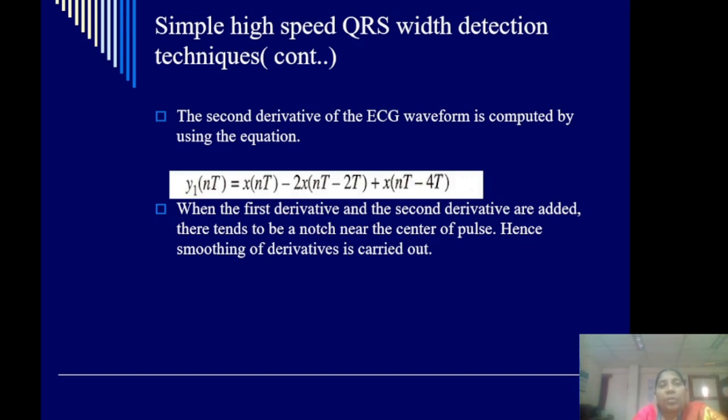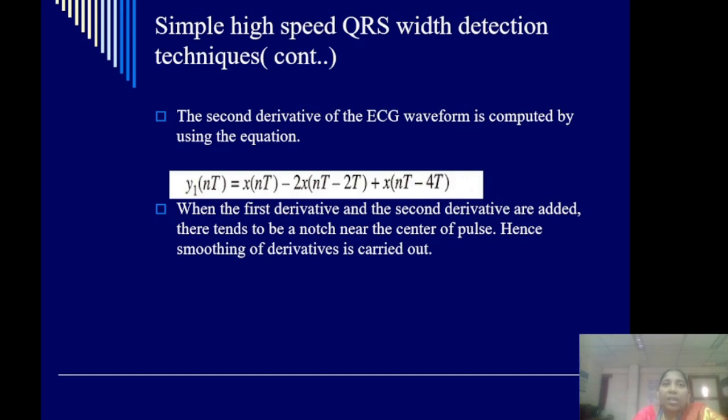This is equal to x(nT) - 2x(nT - 2T) + x(nT - 4T). That means the ECG signal at that instant, minus twice the signal with the 2 second delay, plus the signal with the 4 second delay.